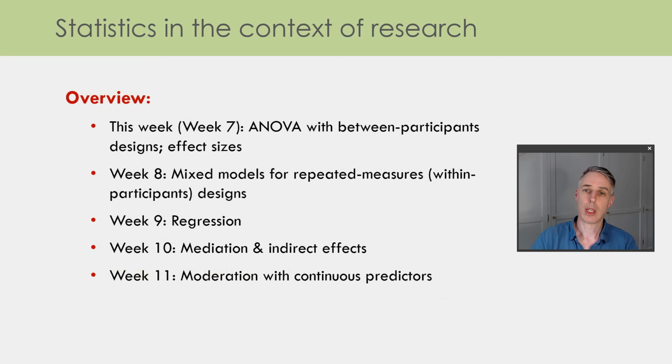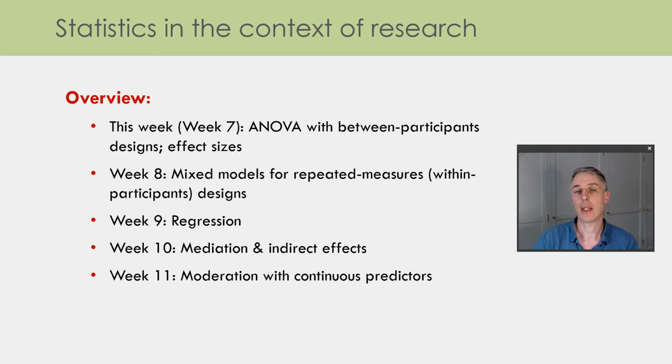In slightly more concrete terms, what we're going to be doing over the next few weeks is, first of all, in this session, I'm going to be covering analysis of variance for designs with between participants aspects, so fully between participants designs. And then in the last part of this session, I'll be covering effect sizes. Then next week, we'll be turning our attention to designs that have repeated measures elements and using mixed models to analyze those data.